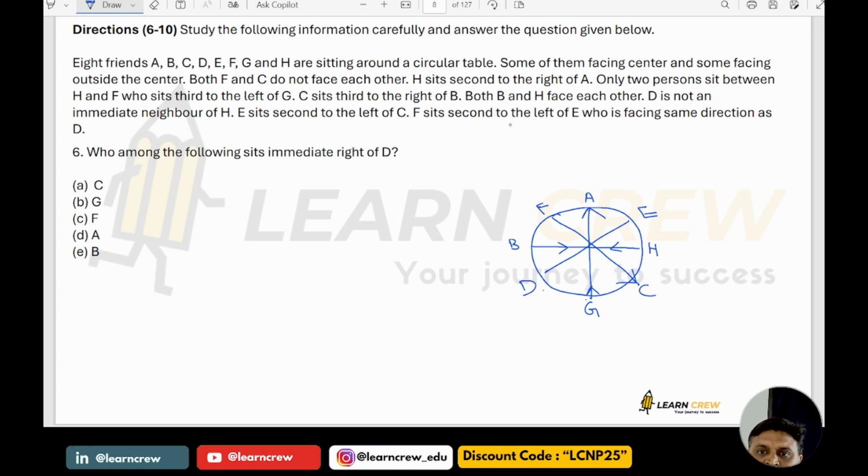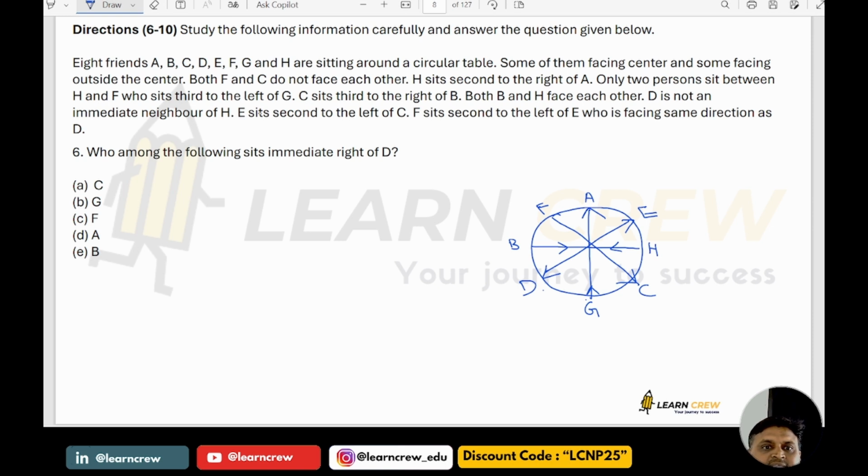F is second to the left of E means E has to face outside. Now, who is facing the same direction as D? D is also facing outside. Now here, what about F? F is second to the left of E, who is facing the same direction as D.